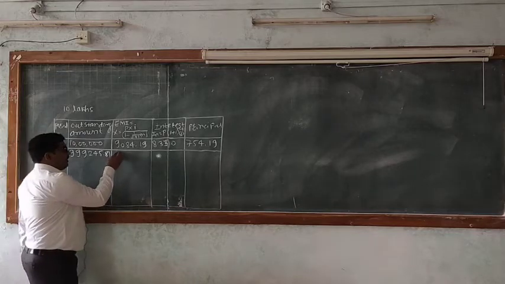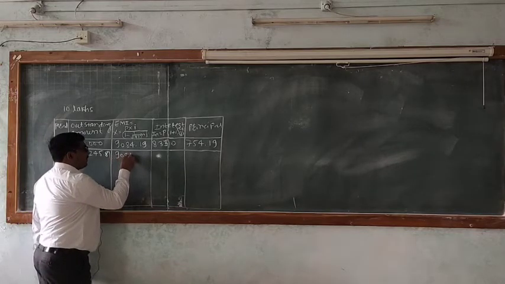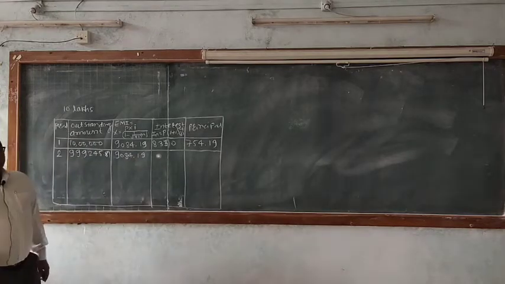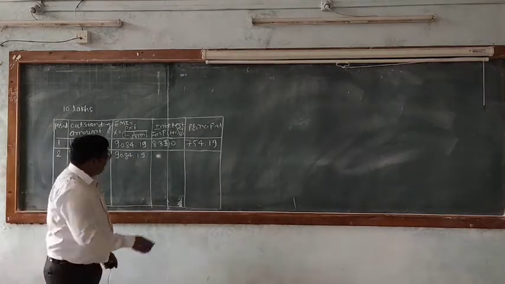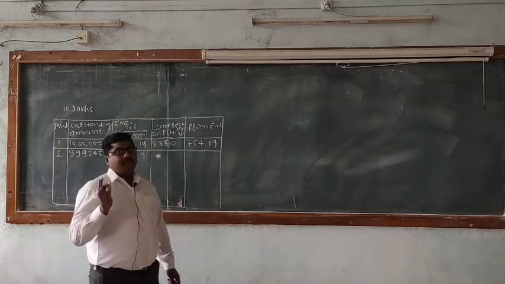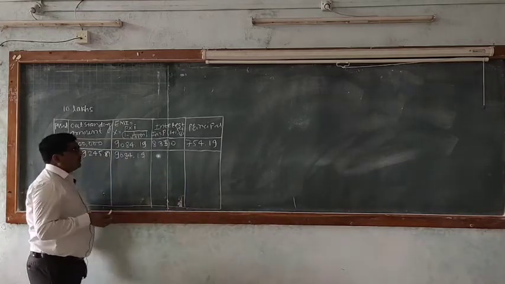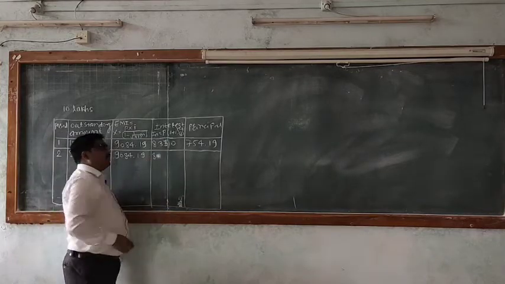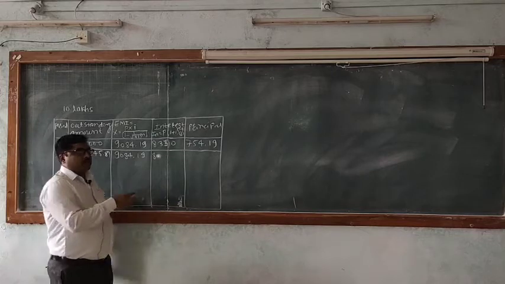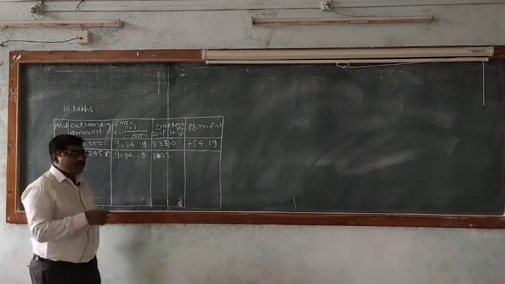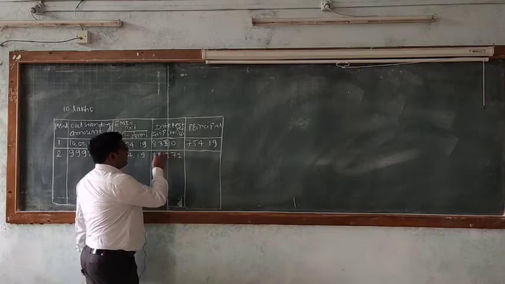Again EMI same. Monthly installment, X means periodic installment is same. Then interest is 8,323.72.